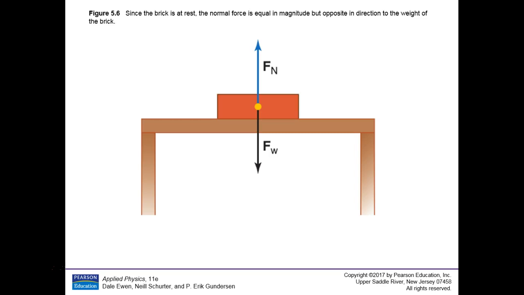That's why the brick's not moving. If the table were sagging, then that means the weight exceeded the normal force, until it reached some sort of equilibrium there. So that's what we're talking about here, and if you'll follow in your book, the normal force is always perpendicular to the surface.